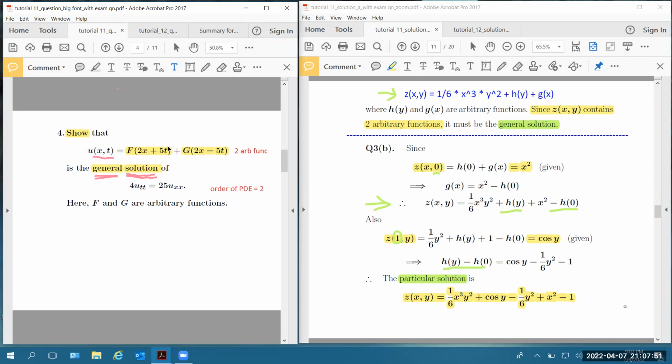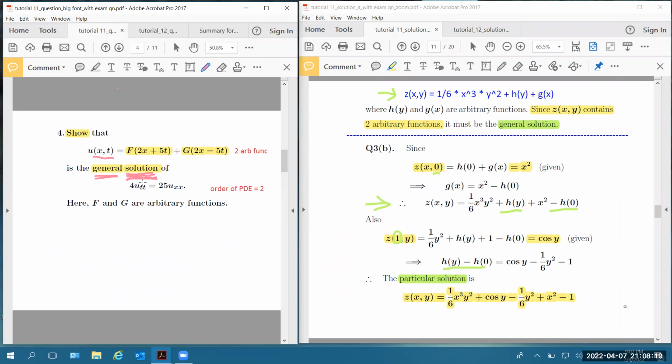Well, I hope you get the argument. Any questions or not? Okay. If no question, so that boils down to what? You need to show that this u(x,t) is a solution, because the general solution will automatically follow.